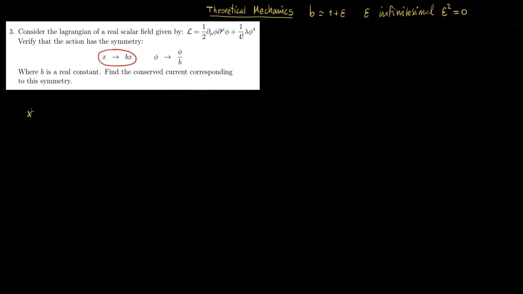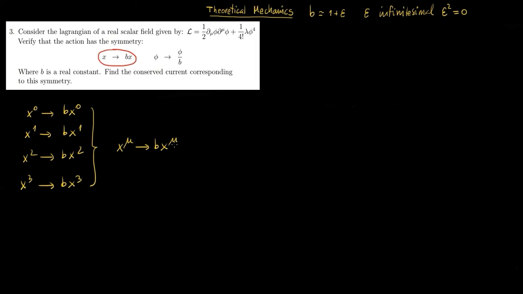This means x0 going to be x0, x1 going to be x1, etc. Summarizing, we have x mu going to be x mu. So the variation of x mu will be b x mu minus x mu equals b minus 1 times x mu. But looking at this, it is epsilon x mu.